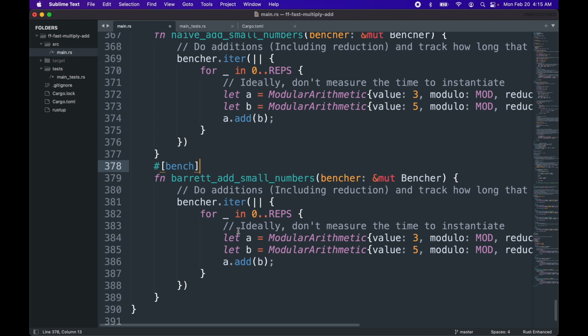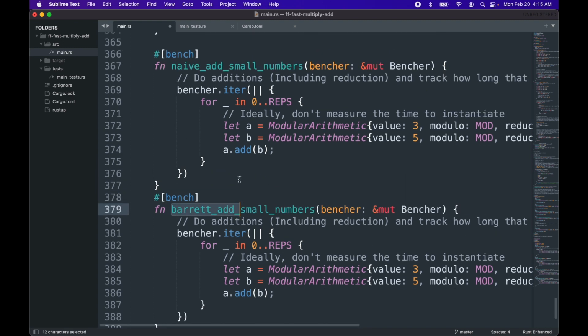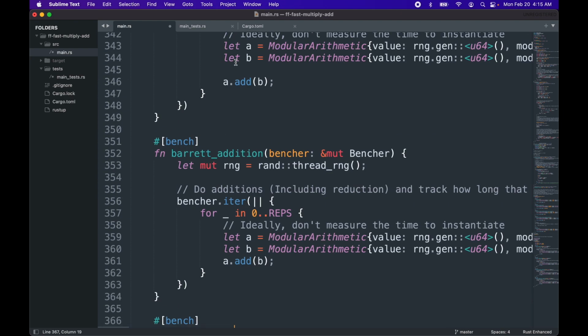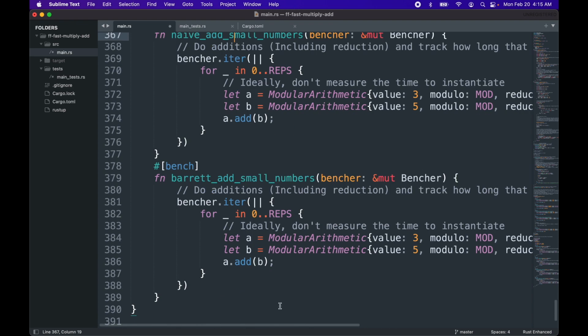So you have naive and you have Barrett, repeated addition, and then you're seeing, well, if my numbers are always smaller or easier, I would like to see it taking roughly the same amount of time such that someone couldn't distinguish what I'm working with. This is addressing the side channel attack, the timing attack.